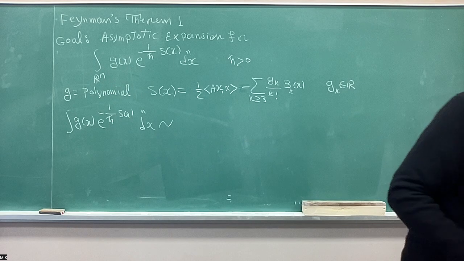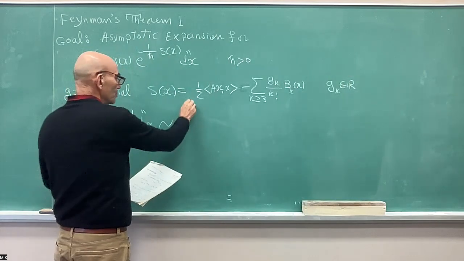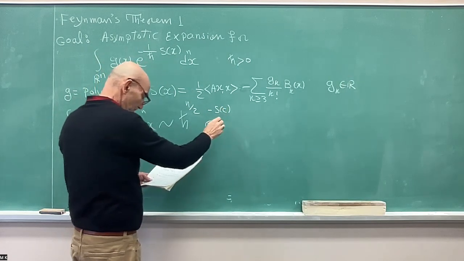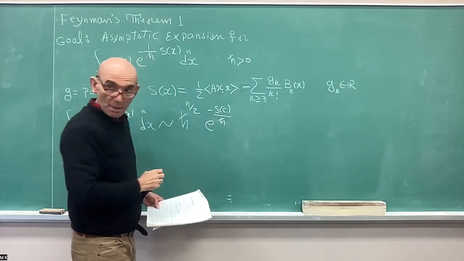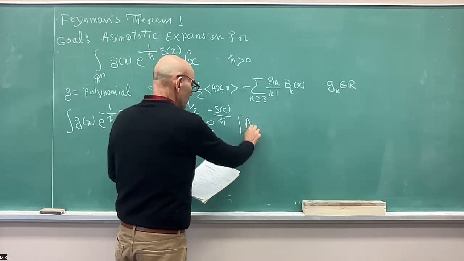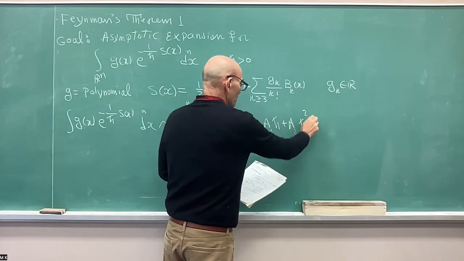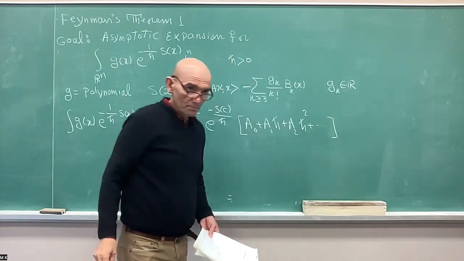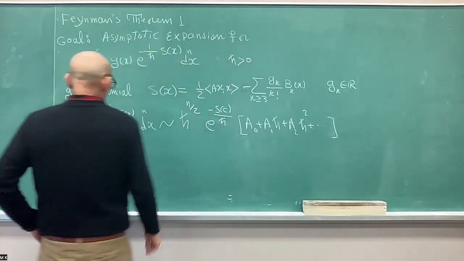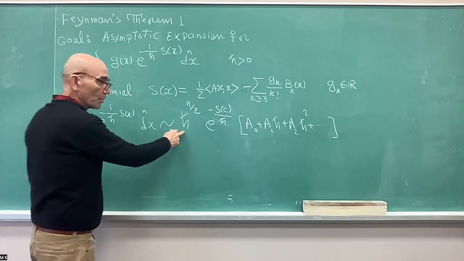Something like h bar to the power n over 2 times exponential of minus S of c over h bar, and then times a0 plus a1 h bar plus a2 h bar squared. We know that such an expansion exists, at least as h bar goes to 0.